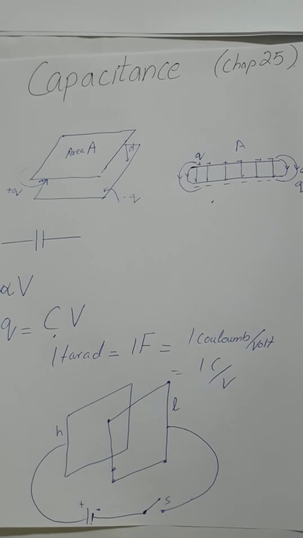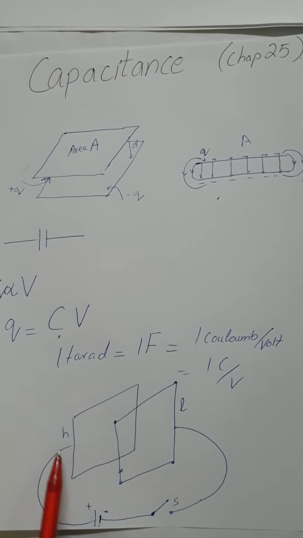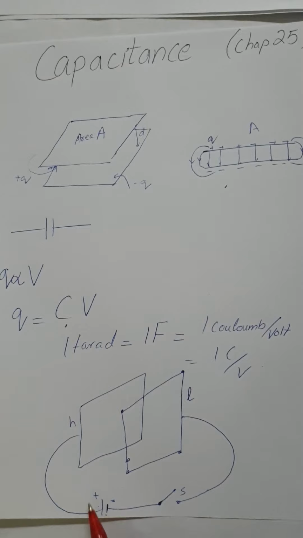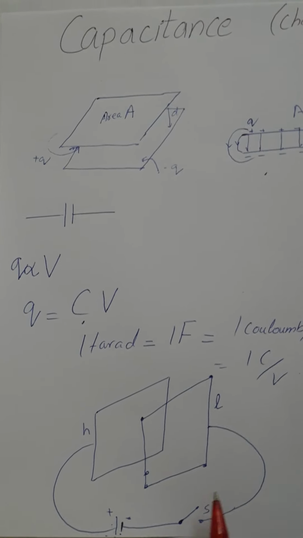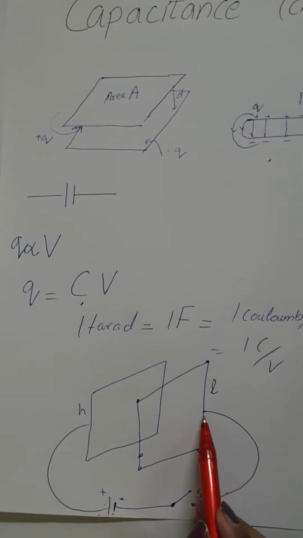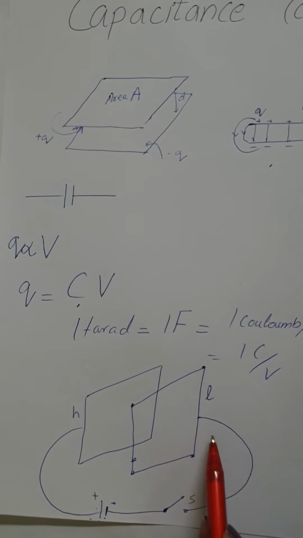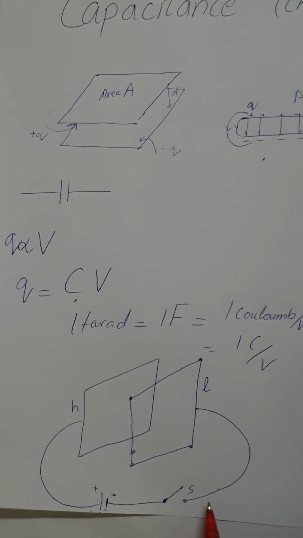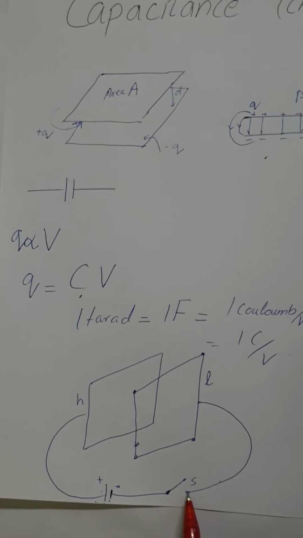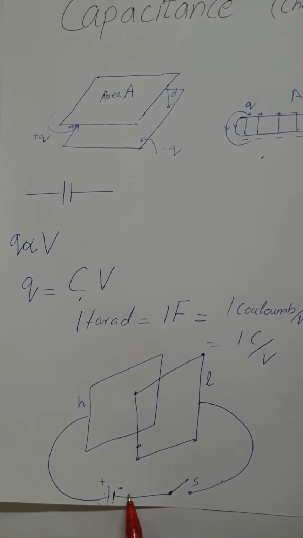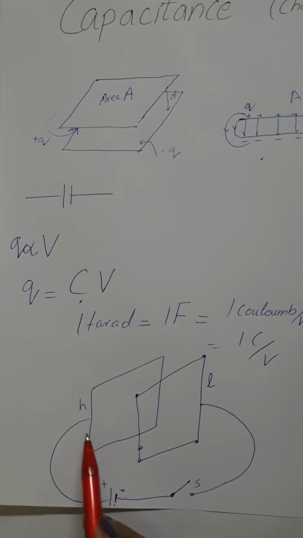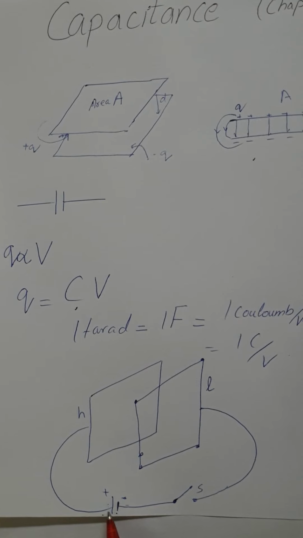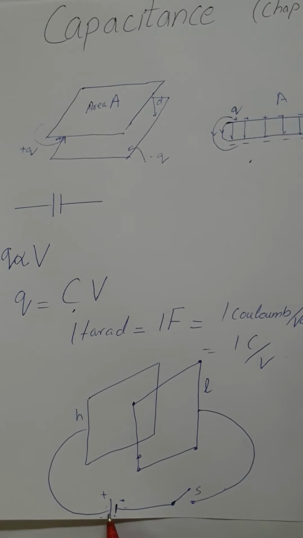The capacitor is made of two metal plates H and L which are connected to the battery. Plate L is connected with electric wires from switch S to the negative terminal of the battery, and plate H is again connected with electric wire and goes to the positive terminal of the battery.